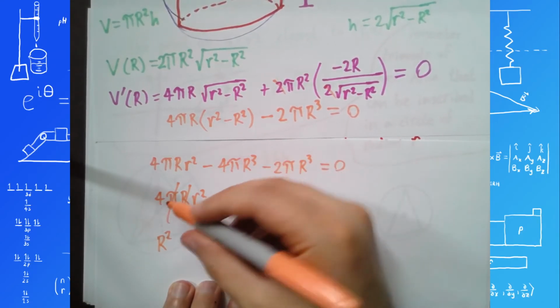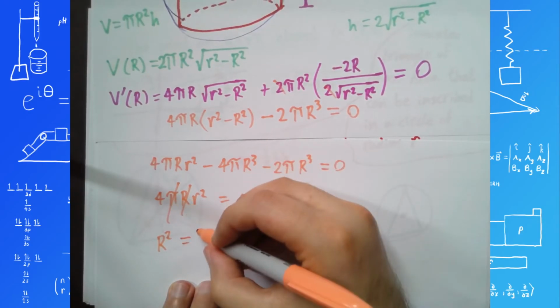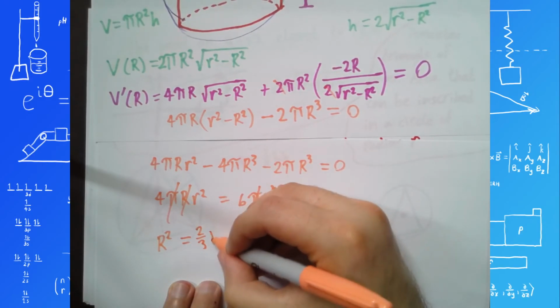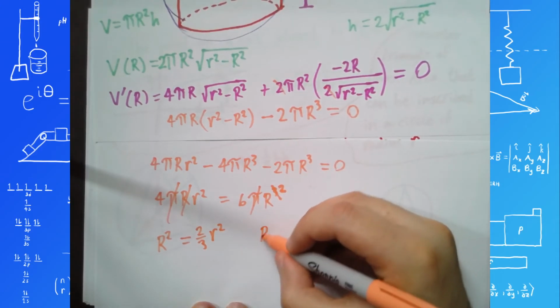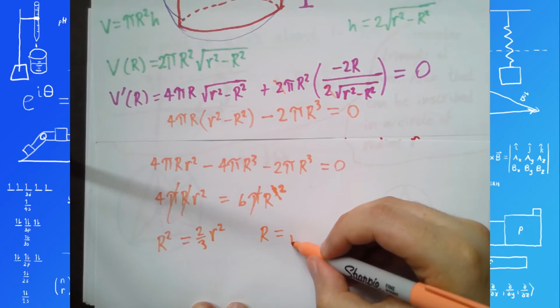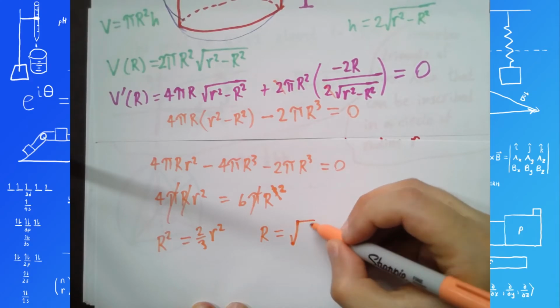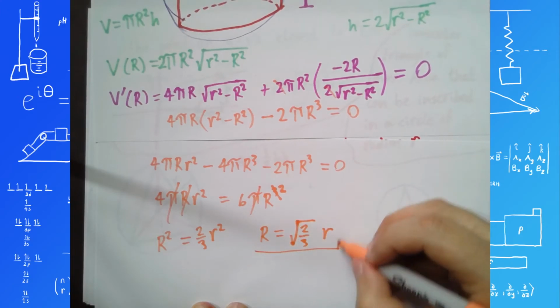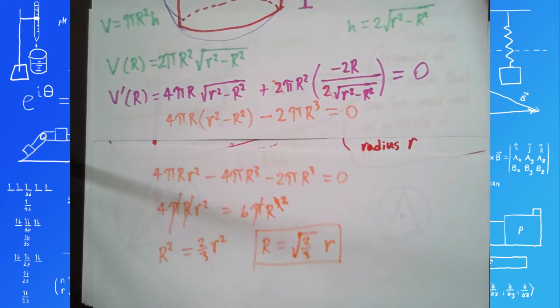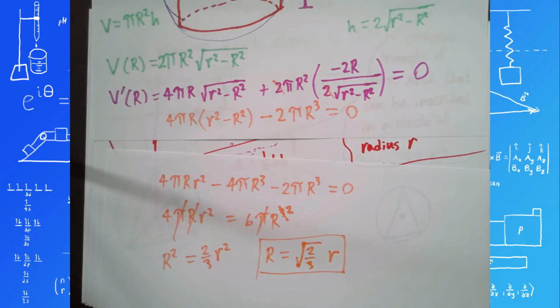Okay, so big R squared is going to be 2/3 little r squared. Therefore, big R has to be square root of 2/3 times little r. And plug that into your V of R, and that should give you the optimal volume.